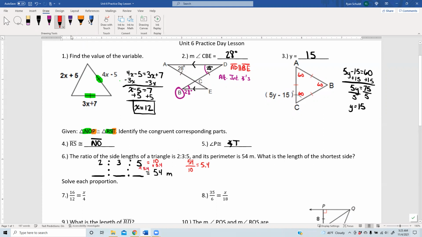If I multiply each of those times 5.4, that will give me my full triangle. So 2 times 5.4 is 10.8. 3 times 5.4 is 16.2. And then 5 times 5.4 is 27.